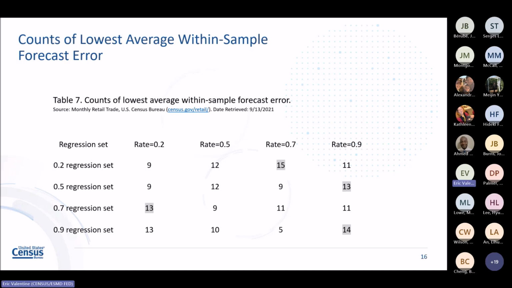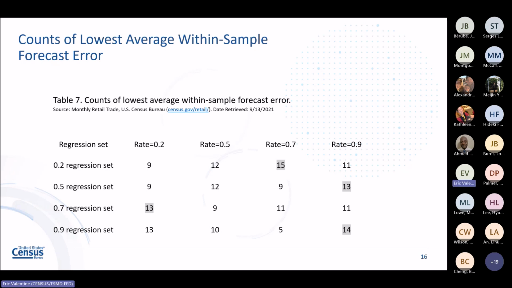I also compared the within sample average forecast error of each time series model of each regression set. This time the results weren't as clear. The best decay rate was not always the rate that was used to find the regression variables. In fact, this was only the case when the rate was 0.9.